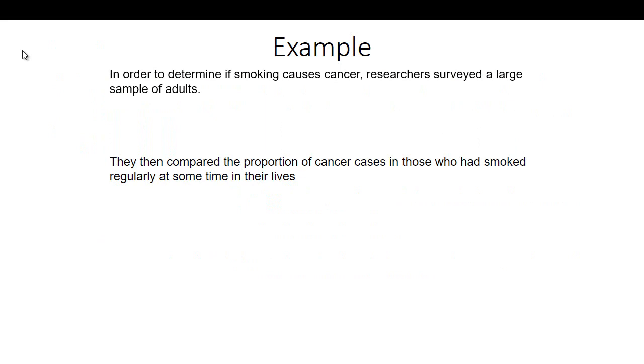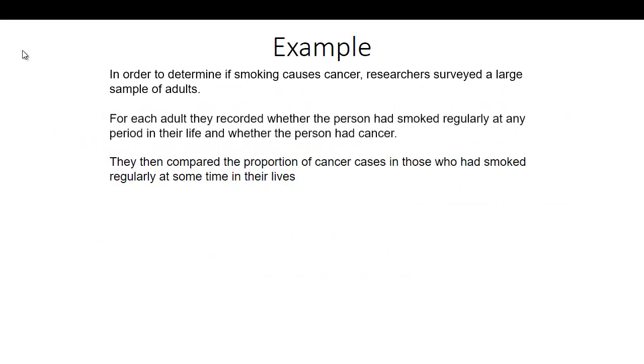Okay, here's another example. In order to determine if smoking causes cancer, researchers surveyed a large sample of adults. For each adult, they recorded whether the person had smoked regularly at any period in their life and whether the person had cancer.